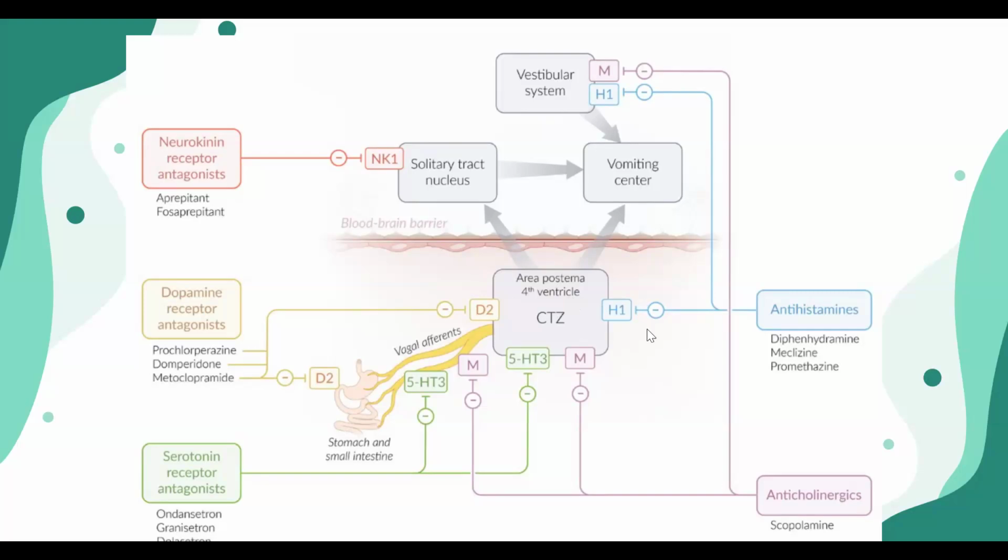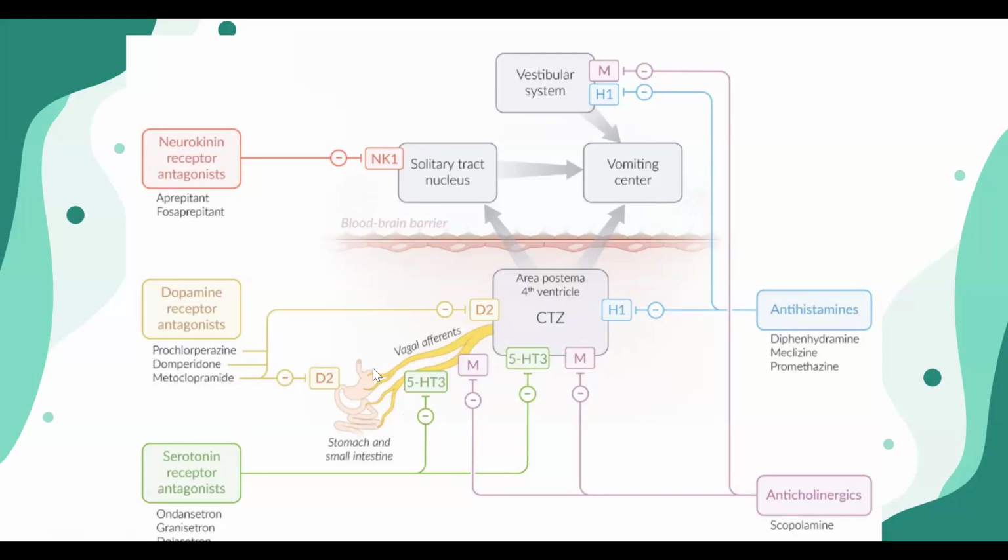So it has dopamine receptors, it has H1, it has muscarinic, serotonin receptors. The vagus nerve itself has serotonin and muscarinic receptors. And then the stomach has dopamine receptors as well. All of this dopamine, serotonin, muscarinic, are known as peripheral emetic areas, versus the chemoreceptor trigger zone, which is central, right?